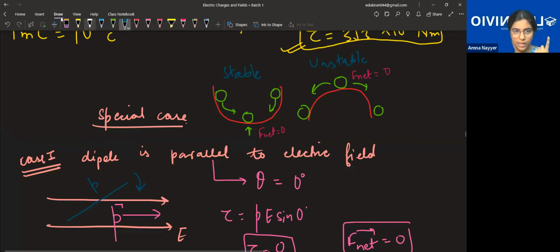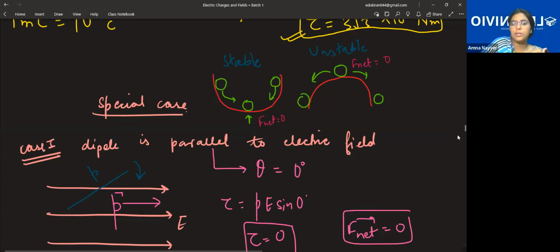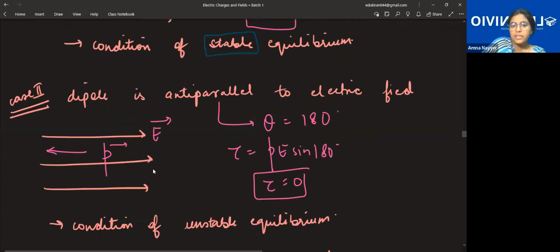Now come to this dipole example, look here. Electric field and dipole moment are anti-parallel to each other, at an angle of 180 degrees. It is difficult for the torque to act through such a large angle and align it, because they are completely far apart.